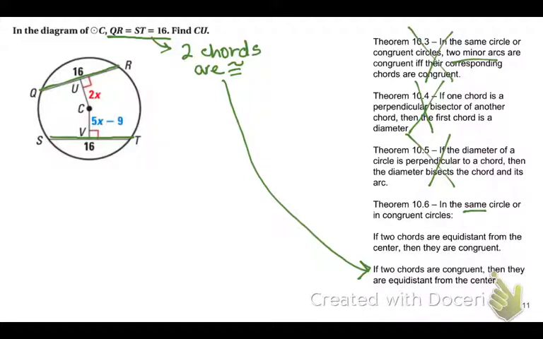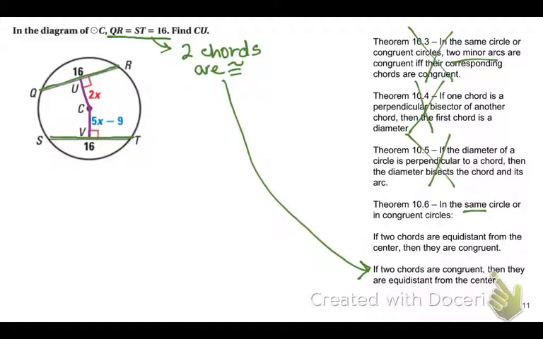So what does that tell us on this diagram? Here's our center, and it's telling us that the distance from the center to one chord is equal to the distance between the center and the other chord.